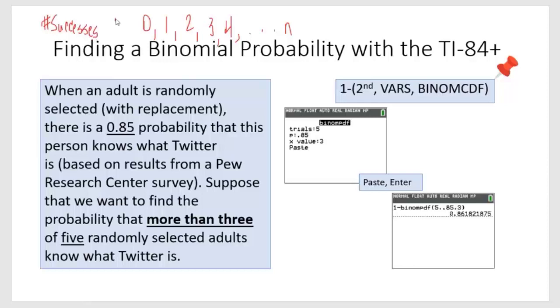My calculator is programmed to add from the left, but what I want this time is more than 3. More than 3 means I want these. So what I'm going to have the calculator do for me is add up the ones I don't want, and then I will do 1 minus the ones I don't want.